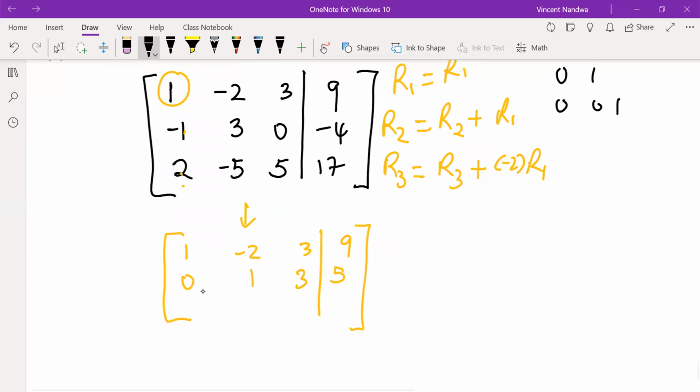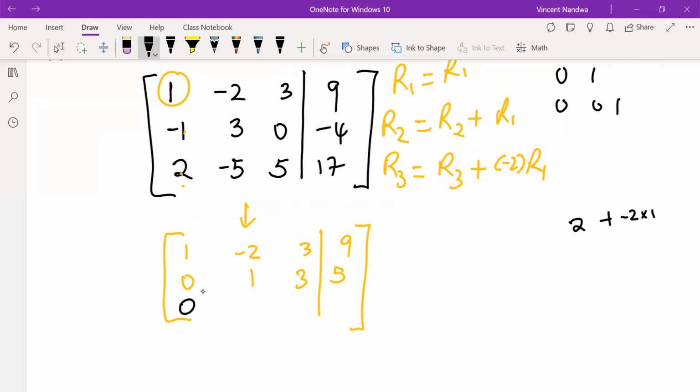And then we'll have 2 plus minus 2 times 1 is 0.